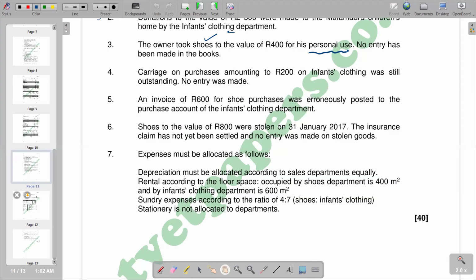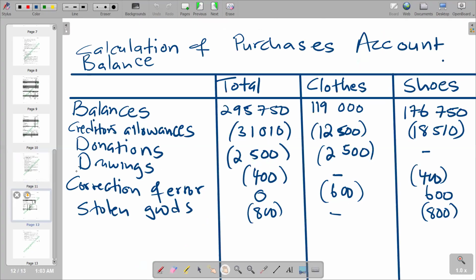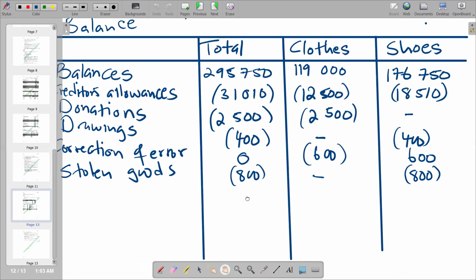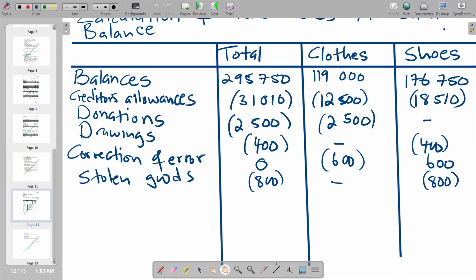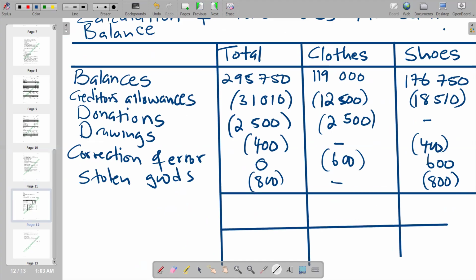So it means we have exhausted what is supposed to be under the calculation of the purchases account. So we can as well close it, whereby in each and every column, we can make our addition and subtraction.